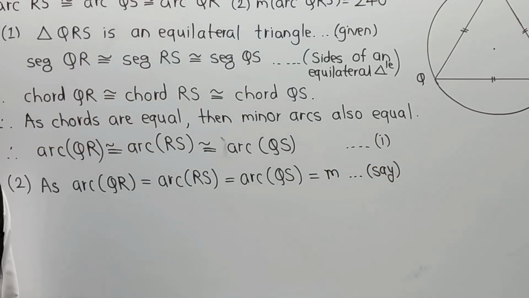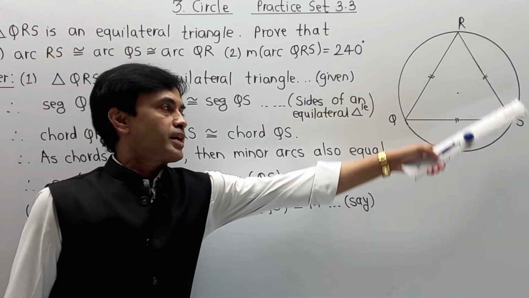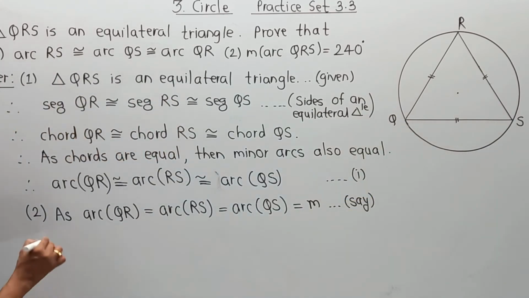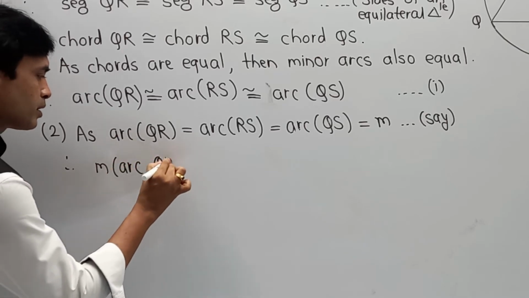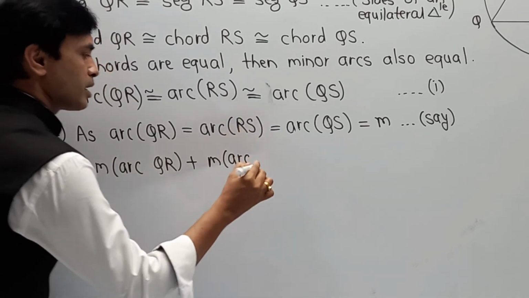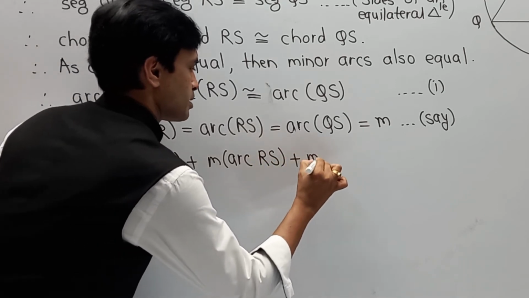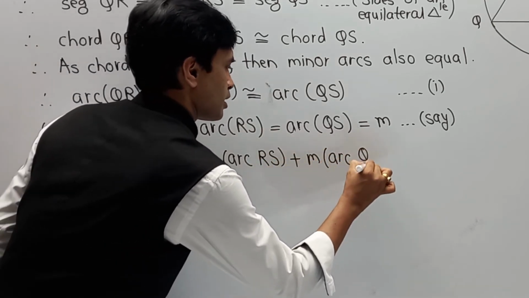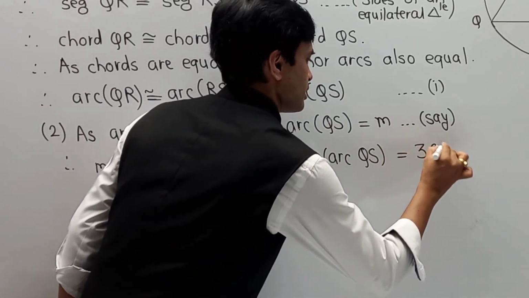We know that the sum of all the arcs of a circle is 360 degrees. Here there are total 3 arcs, first, second and third. Meaning arc QR plus arc RS plus arc QS, their addition is 360 degrees.